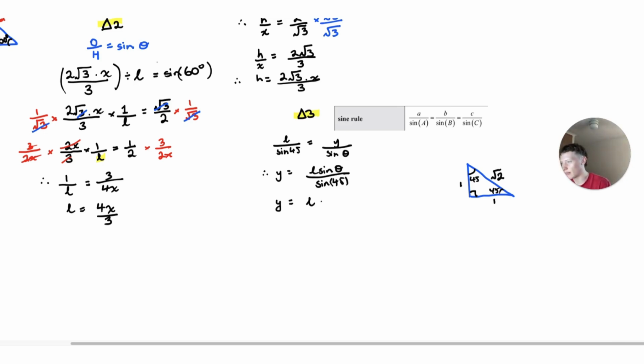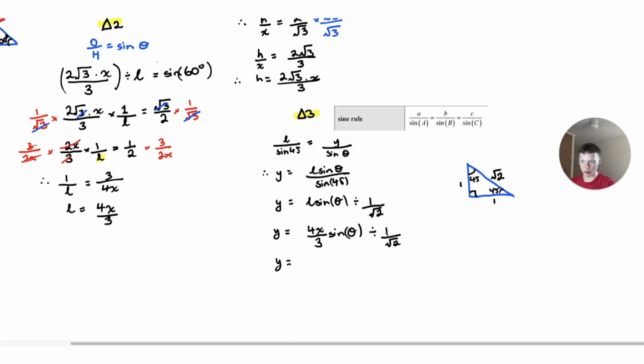And I find it confusing when I've got a fraction within a fraction, so I actually like doing it just old school division sign, divided by sine of 45, which is 1 on root 2. The other thing I can do at this point is then sub in L, and that's going to be 4x over 3 times sine of theta divided by 1 on root 2.